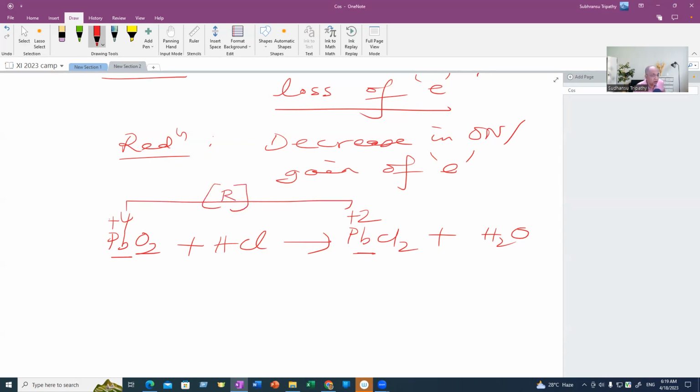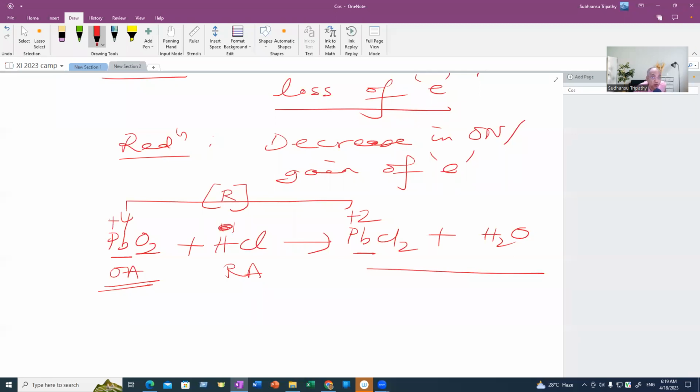If you get reduction, then you must get oxidation. Otherwise this prediction is wrong. Something is missing out here. The one which is reduced is called the oxidizing agent. If this is the oxidizing agent, then this has to be the reducing agent. Hydrogen cannot be oxidized, it is already in the +1 state.